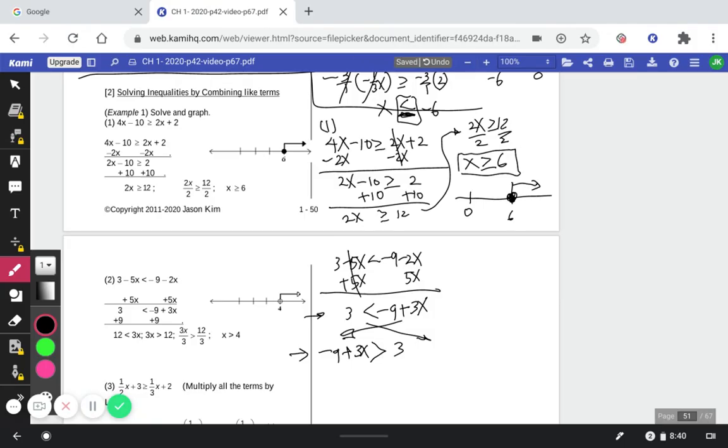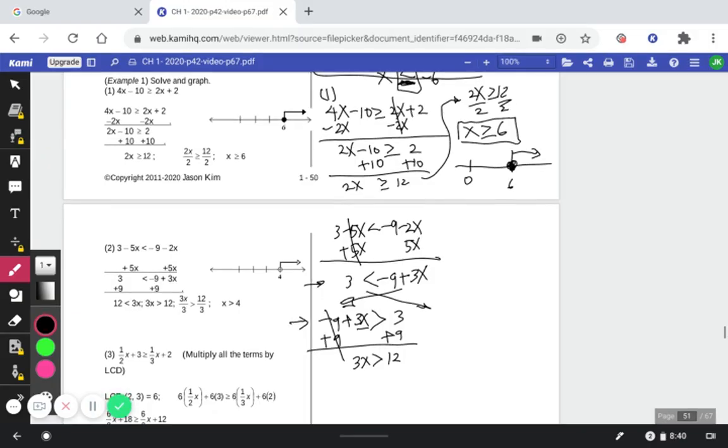And then you want to solve for x. So you have to get rid of minus 9. If you do the inverse operation, plus 9 on both sides, you get 3x is bigger than 12.